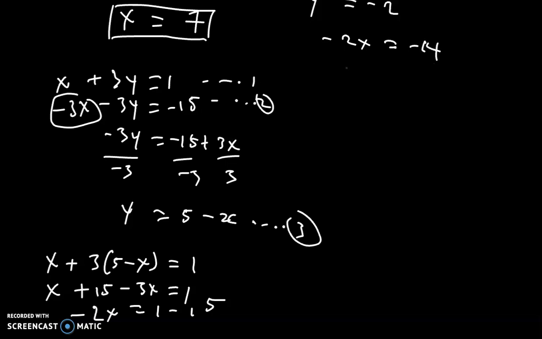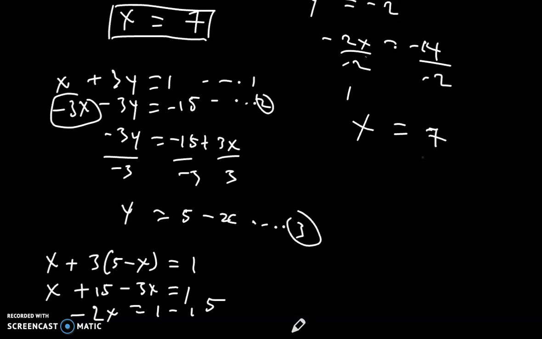Divide both sides by negative 2. So our x is going to be positive 7.